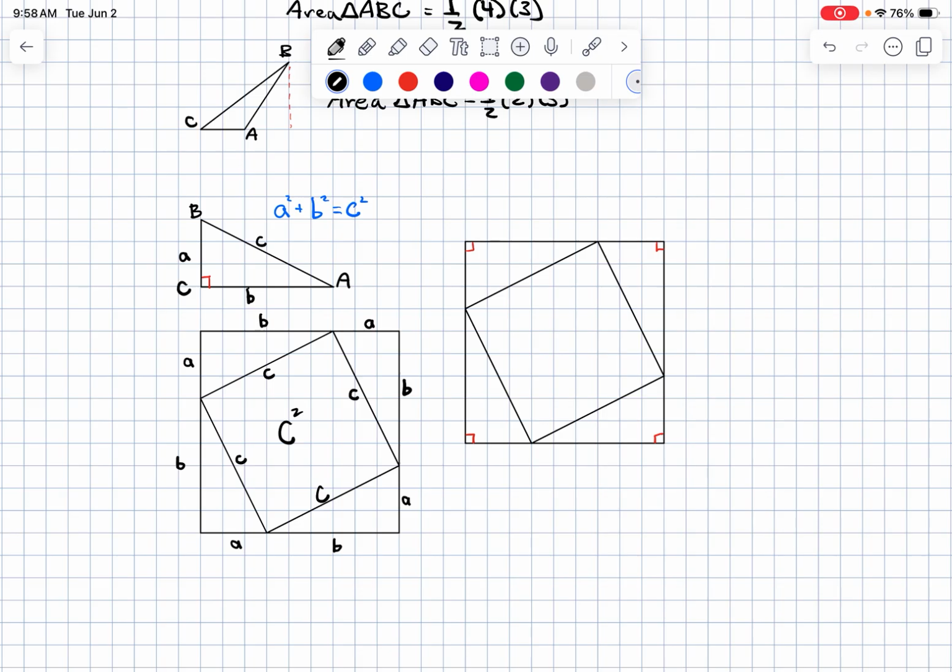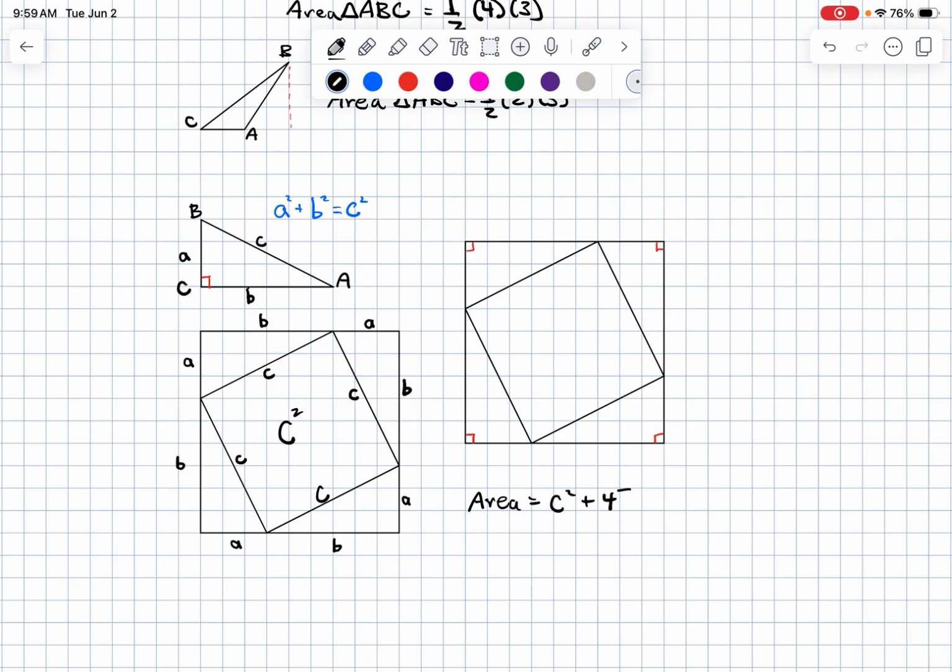I know that for sure because it's length times width, c times c, c squared. So the area is equal to c squared plus 4 of these triangles. Look at this: I've got this triangle, this triangle, this triangle, and this triangle. So I've got 4 of these.